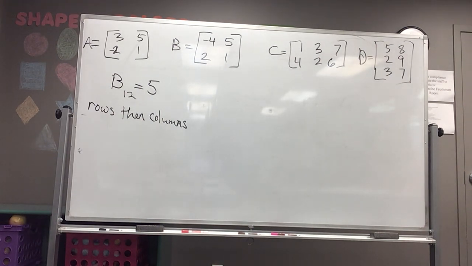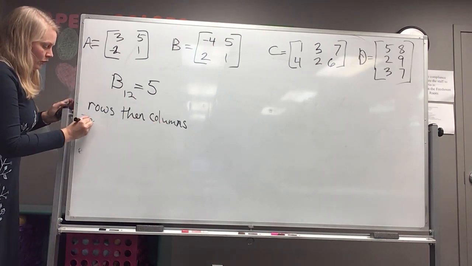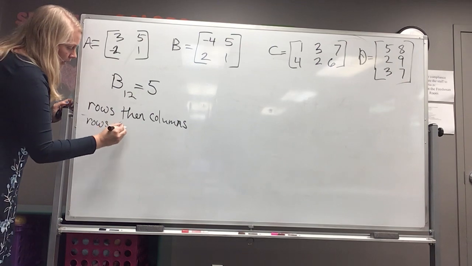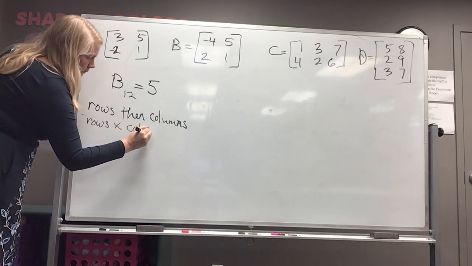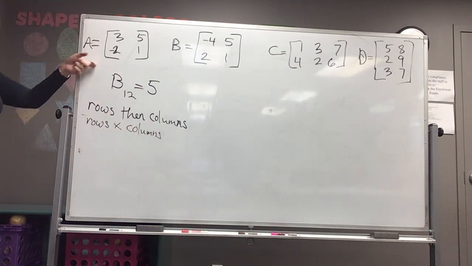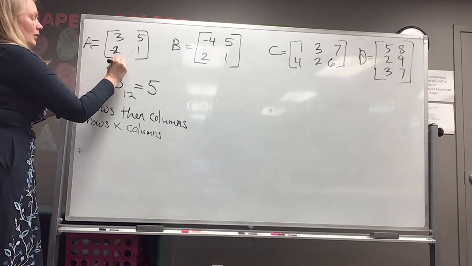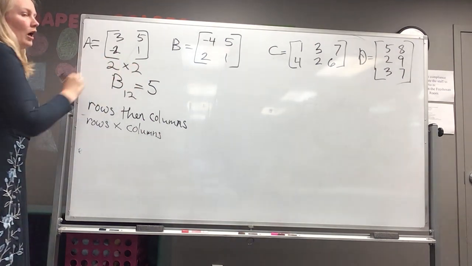So, the next thing that they would expect you to know for these matrices is, can you list the size of the matrix? And again, rows then columns. For the size, we're going to do rows by columns. So, 2 rows by 2 columns.